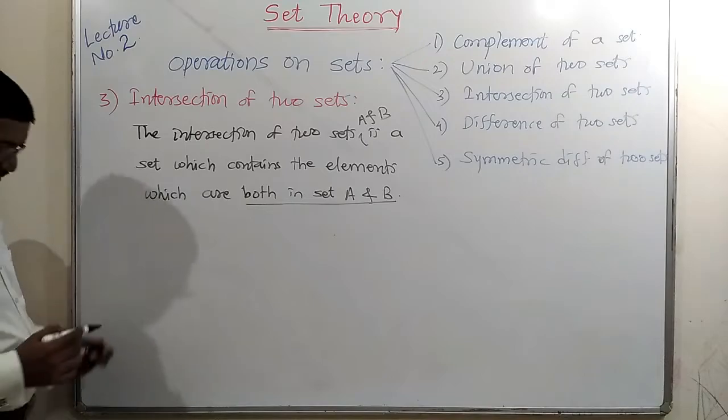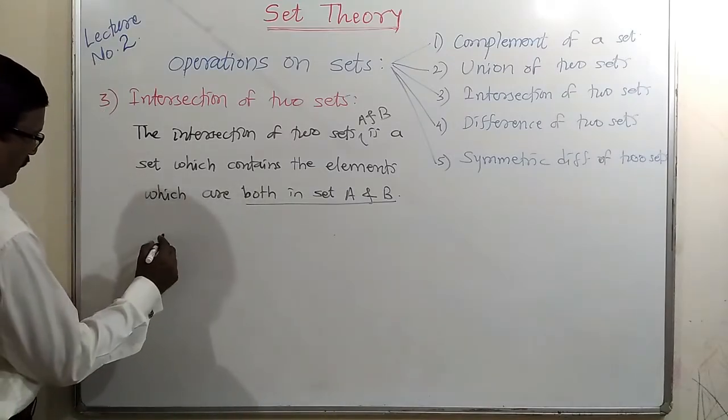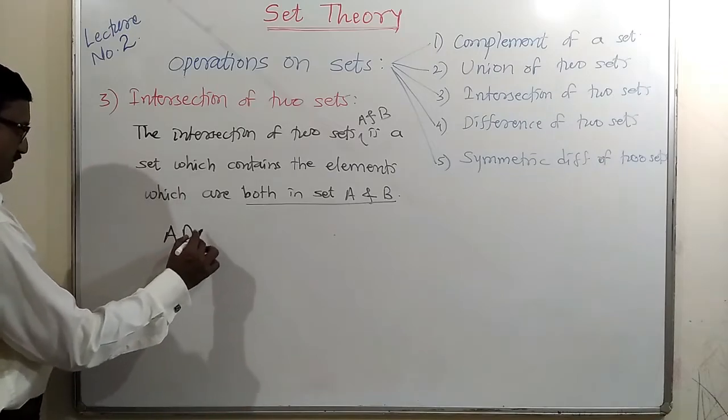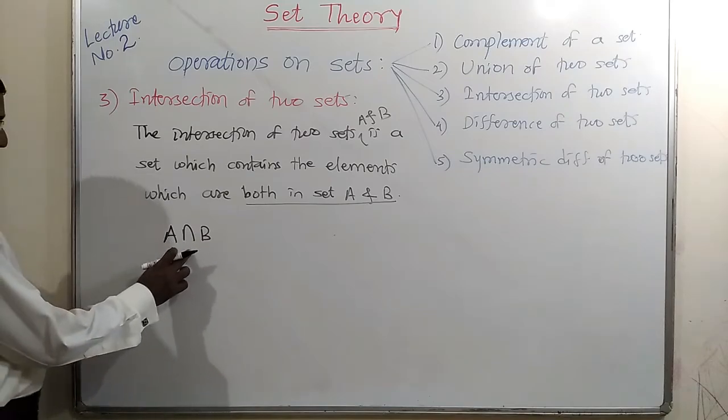The intersection of two sets is denoted by the symbol A intersection B. This is the symbol of intersection.